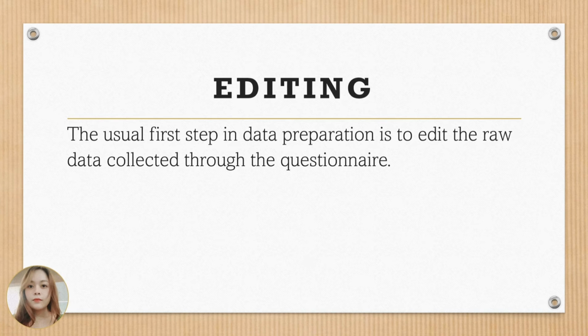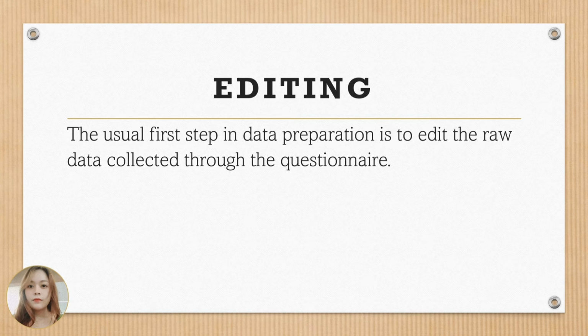Sometimes it becomes obvious that an entry in the questionnaire is incorrect or entered in the wrong place. So beware, guys. I will name those errors, and the researcher has three choices.